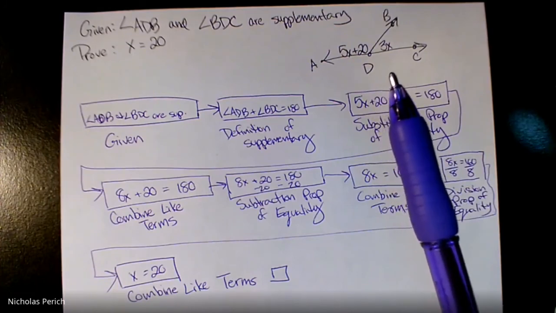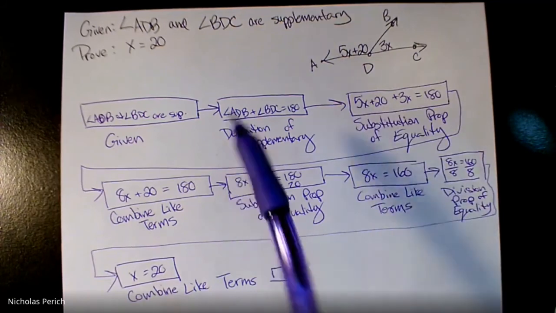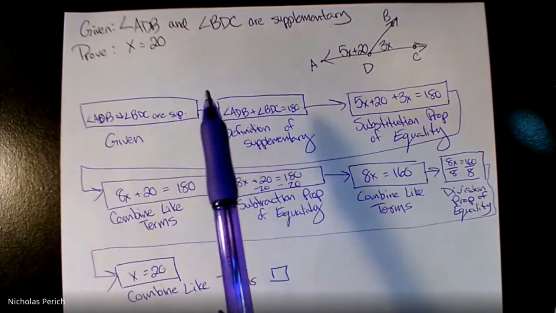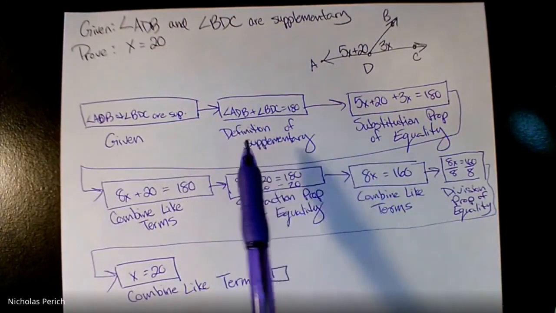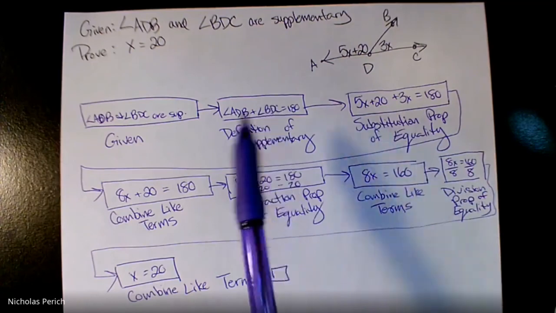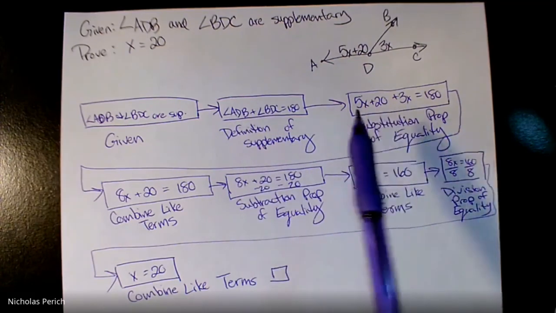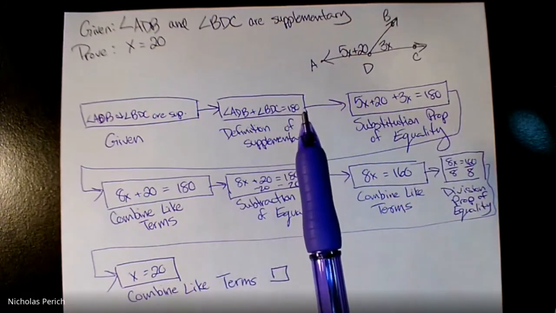All right, so anyway, I have two angles that are supplementary, so I wrote that out. What does supplementary mean? They add up to 180. Then instead of writing out my angles, I wrote out my actual measurements, which is what I would do anyway. Everything inside the boxes is what I would do anyway.